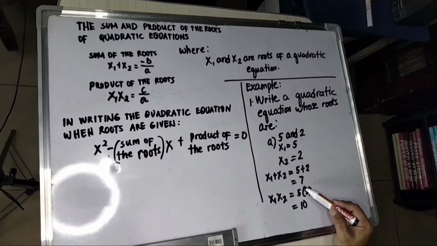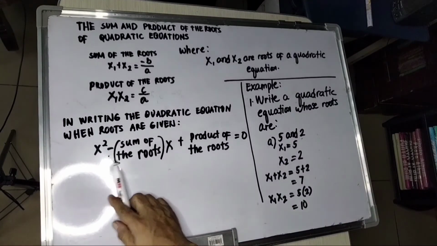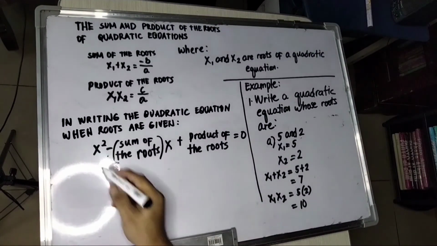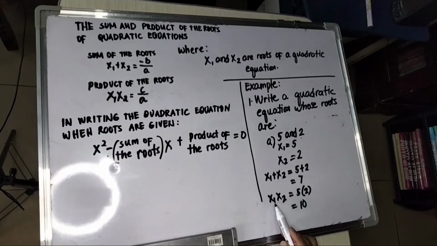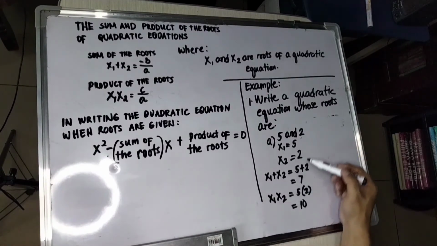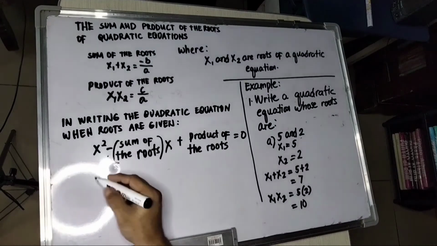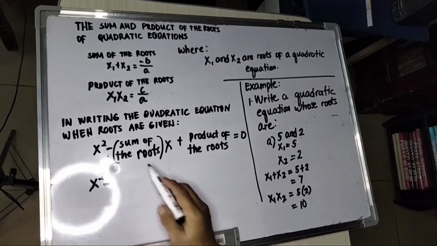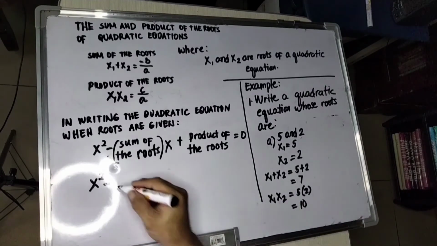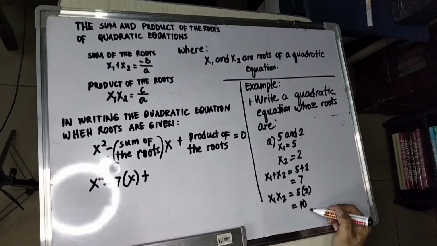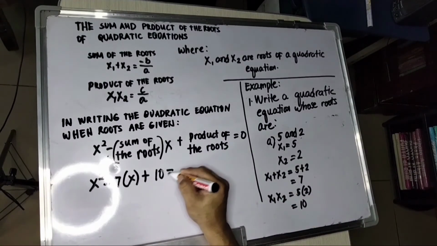So in writing the equation, we have to follow the format. Since we have x sub 1 as root 1 and x sub 2 as root 2, we are going to write x squared minus the sum of the roots, which is 7, times x plus the product of the roots, which is 10, equals 0.